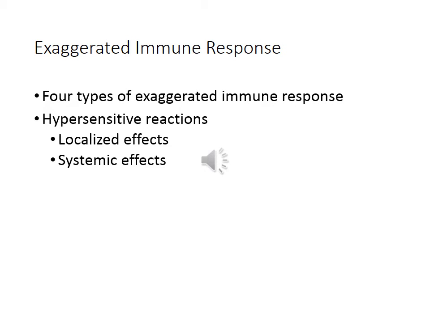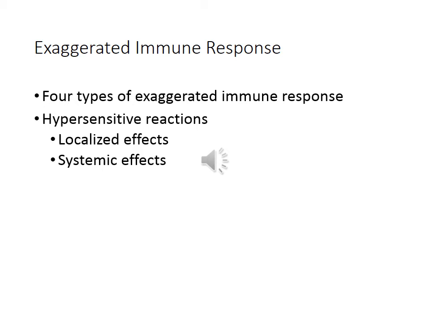There's exaggerated immune response. There are 4 types. Type 1 is anaphylactic, systemic, localized: anaphylaxis, hay fever, asthma, hives, food allergies, or eczema. Type 2 is cytotoxic, which is like your blood transfusion reactions or autoimmune hemolytic anemia.